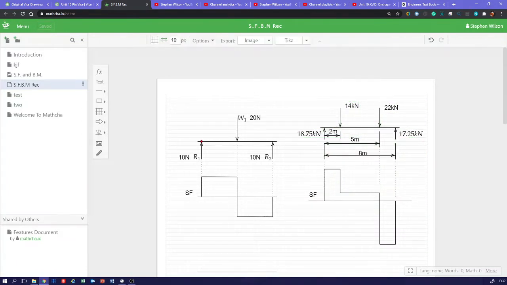So here we could either take moments to the left, or we could take moments to the right of the point we're taking moments about, and we should get the same answer. So if we take moments to the left, well, what is there to the left? There's nothing to the left. So the answer must be 0.